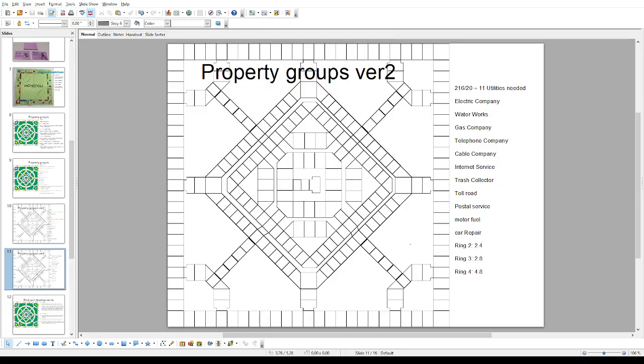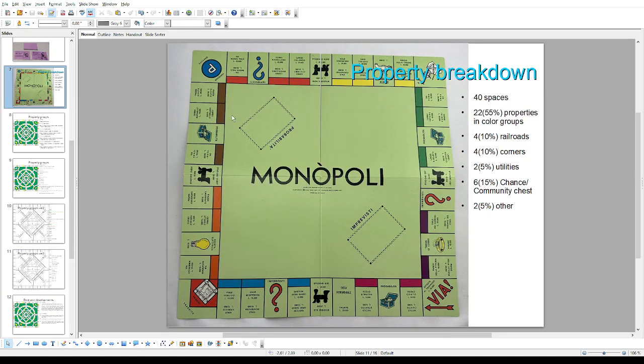Which is a little over 1,000, like 1,050. And 1,050 is actually a mid-range property. Let's see, which one is like 1,050? Ah, yes, Kentucky and Indiana. Which would be this part of the board.